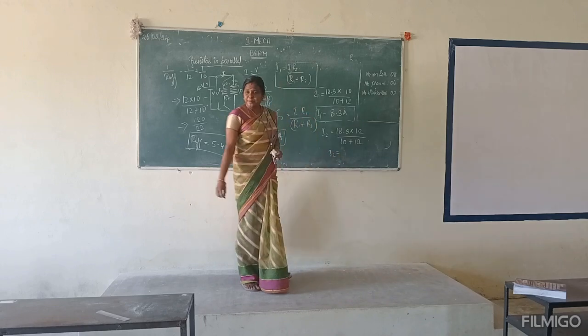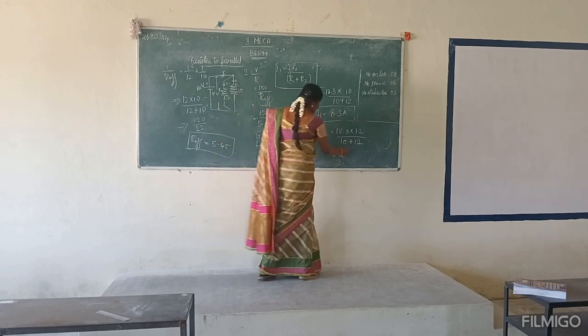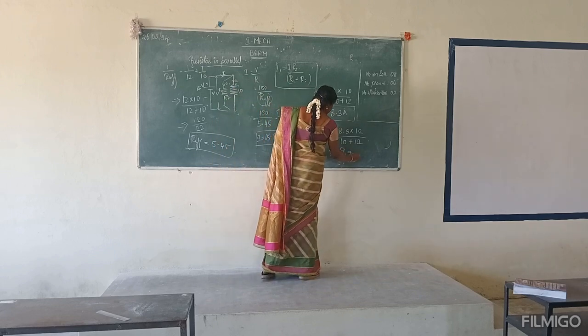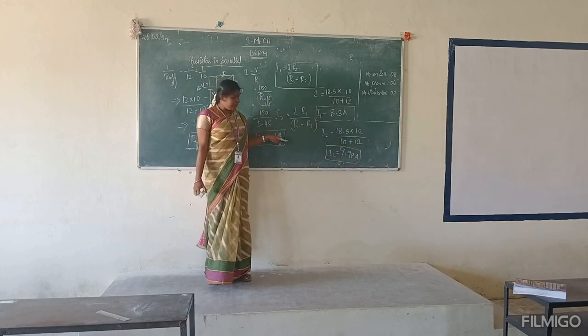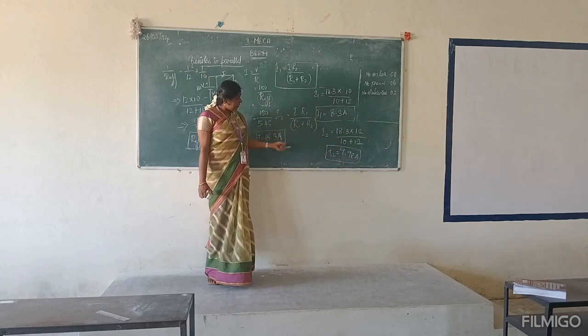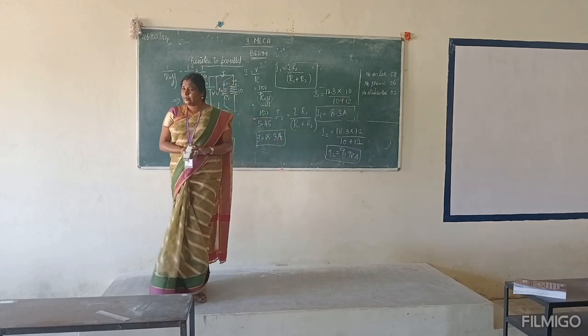I2 will be 9.9. If you add I1, I2, you get this 18.3. You can make it 8 plus 9, 9 plus 9 is 18, and there is 0.9. You will be getting around 18 point something.